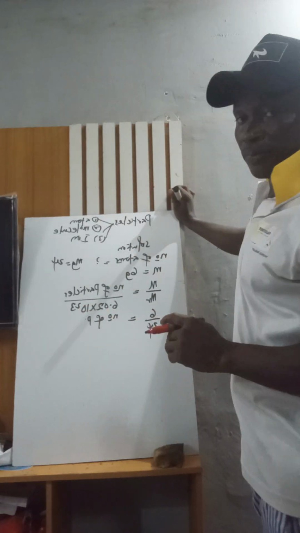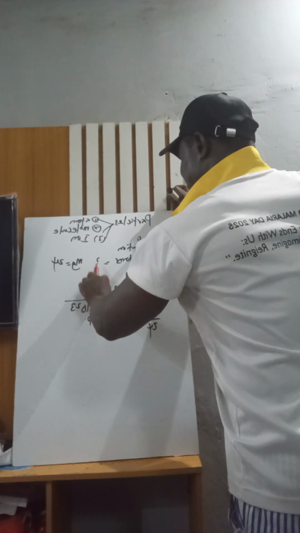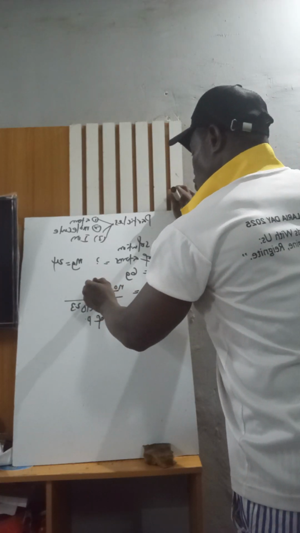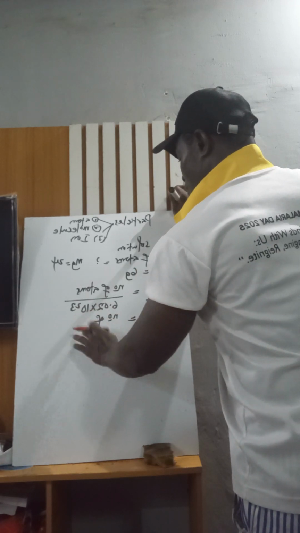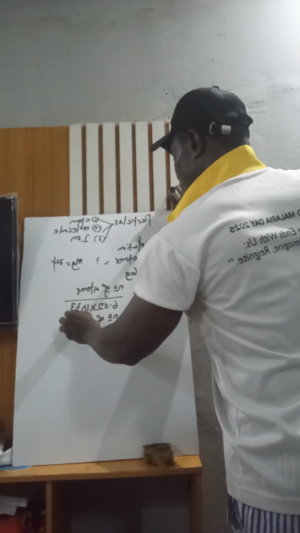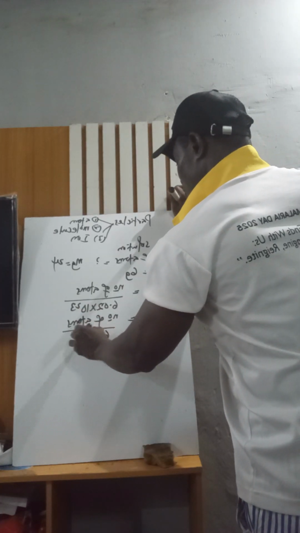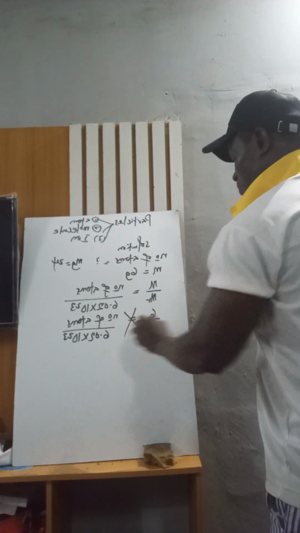Now, in this question, what is the number of particles? They say you should find number of atoms. So replace the particle with number of atoms. Then you have 6.02 to the power 23. Then cross multiply.